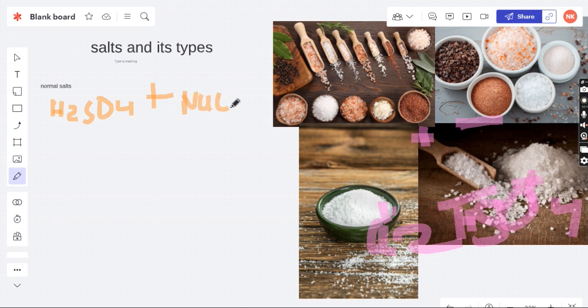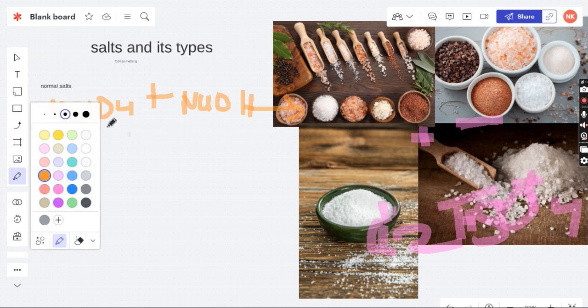You can see here both are a strong acid and base. So the final product that we got here is Na2SO4. Maybe it's not visible here, I mean, the black mark is visible. Not visible. I'm trying my best so that it will be visible to you guys.